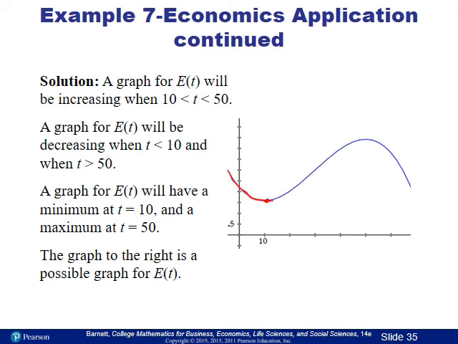From 10 to 50, 10, 20, 30, 40, 50, the function was increasing, and after 50 again it is decreasing. So you can draw an approximate graph, not 100% accurate. The graph of E of t will be decreasing when t is less than 10, and when t is greater than 50 it will be decreasing again.